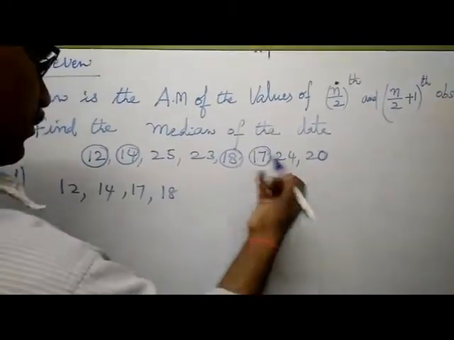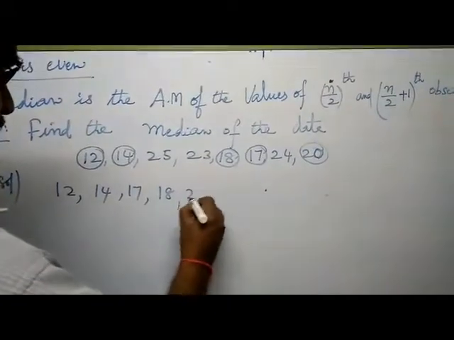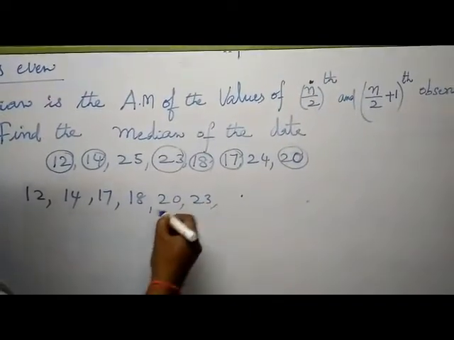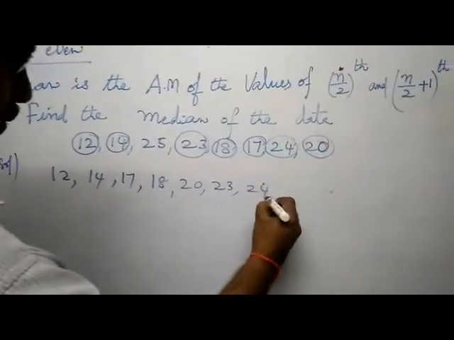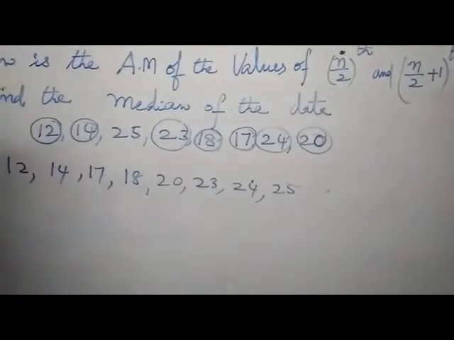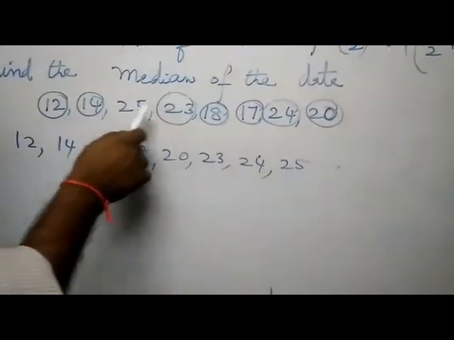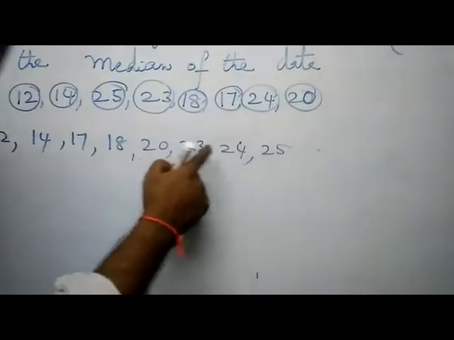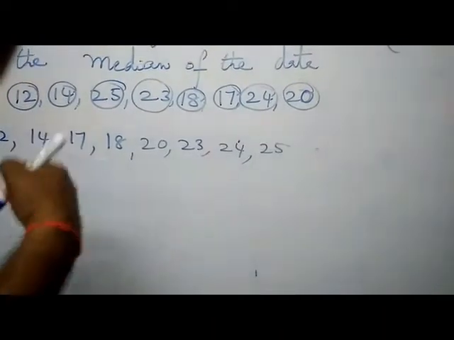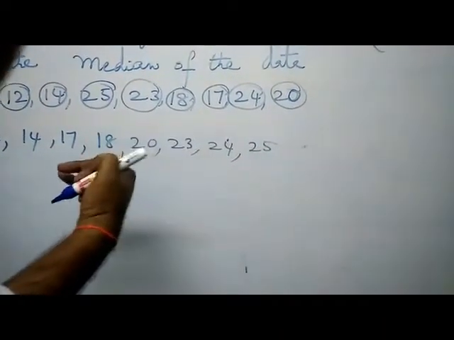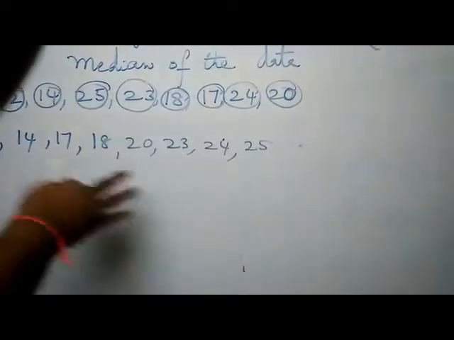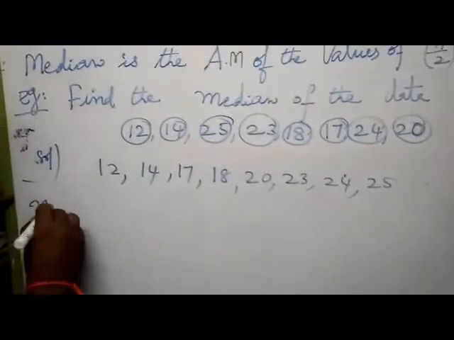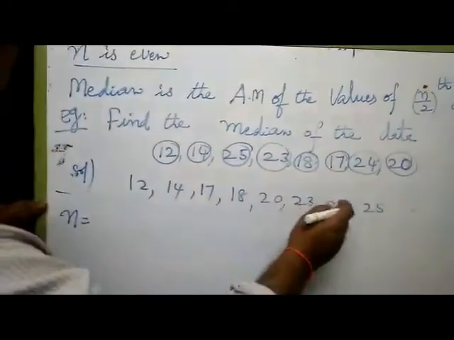Next 20. 23. 24. 25. Count: 1, 2, 3, 4, 5, 6, 7, 8. Now, by using formula, n is 8.